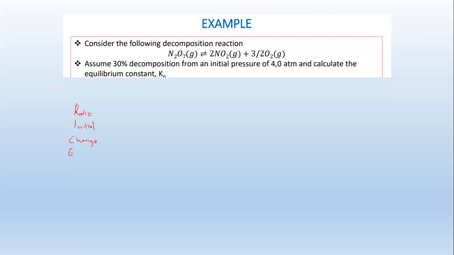Some, instead of saying change, they say reacted. Actually, it's change. And then here we have equilibrium, everything at equilibrium. Now let us draw up a table based on the information provided to us.